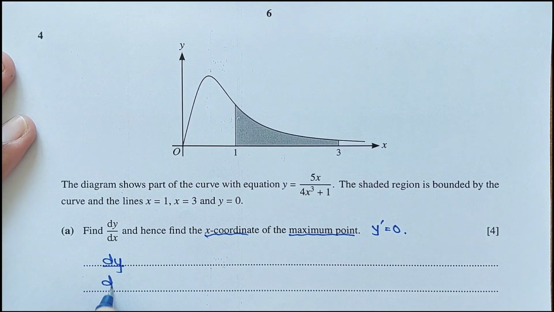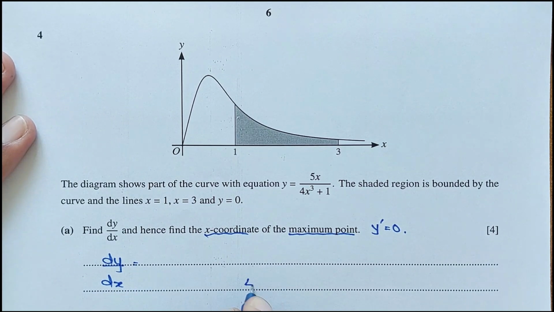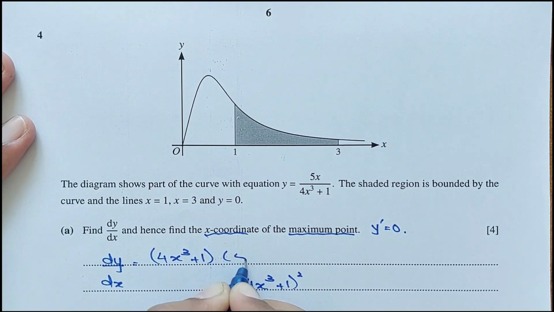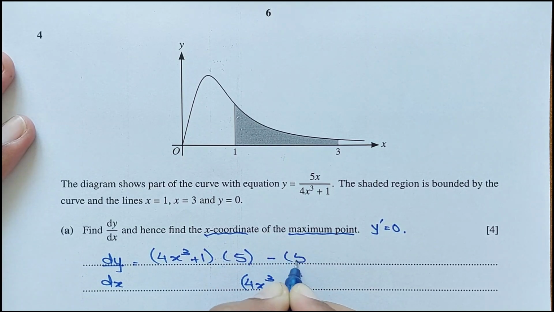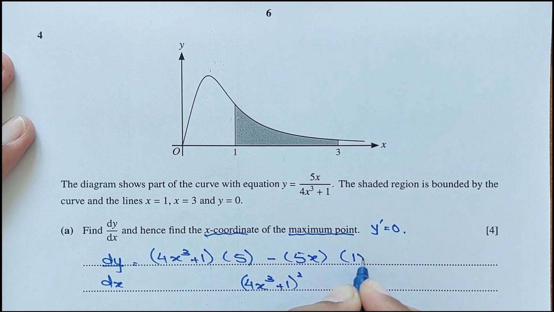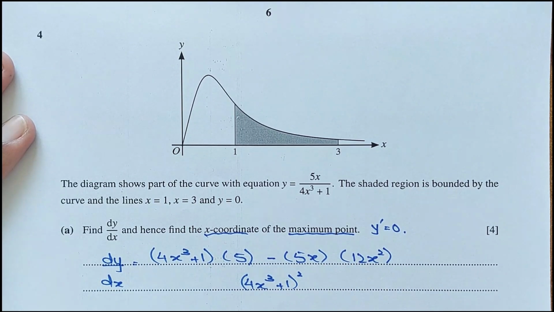Dy over dx, we have to use the quotient rule, denominator function squared. Denominator function times the derivative of the numerator function, which is 5, minus the numerator function times the derivative of the denominator function, which is 3 times 4 is 12x square, right?